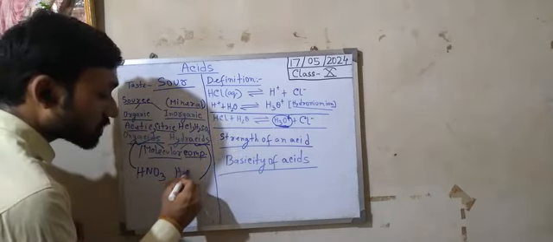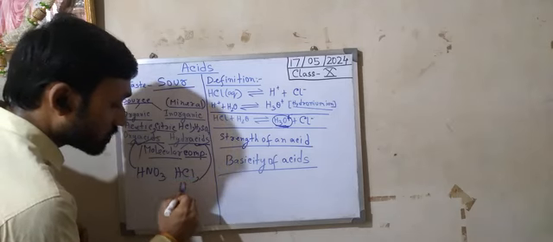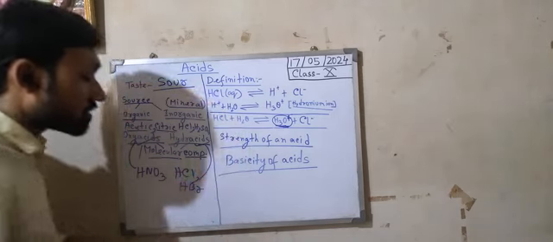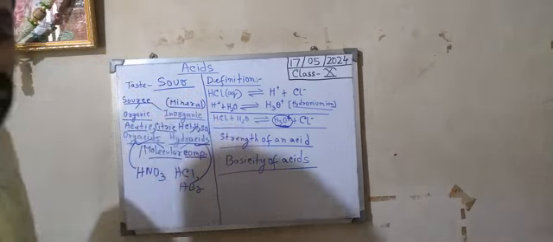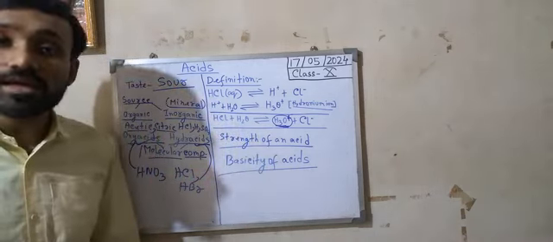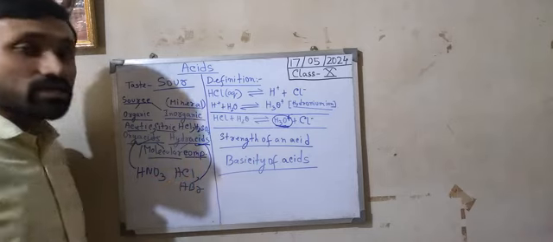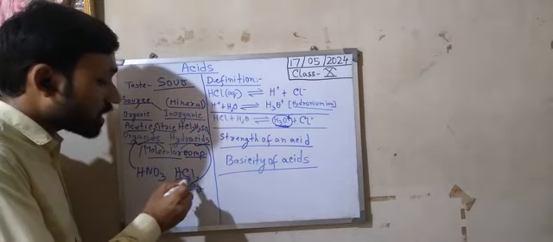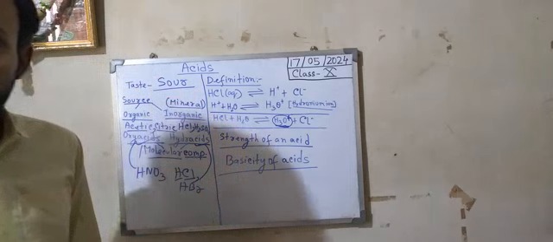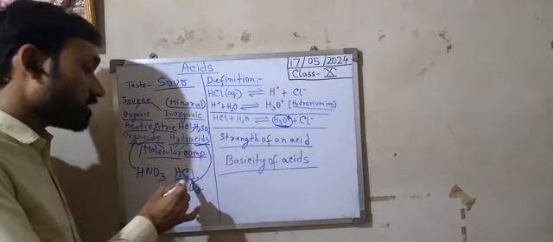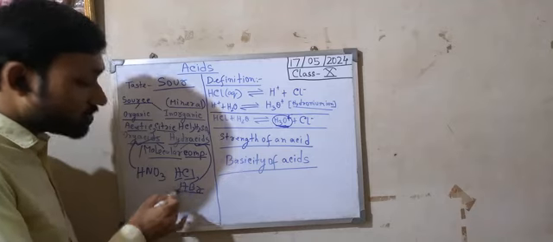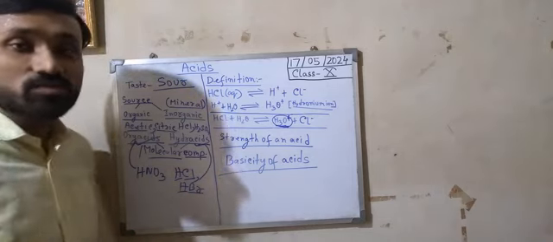Examples: HCl, hydrochloric acid, and HBr, hydrobromic acid. In HCl, hydrogen and chlorine are there, and no oxygen is present. In the same way, in HBr, hydrogen and bromine are present.